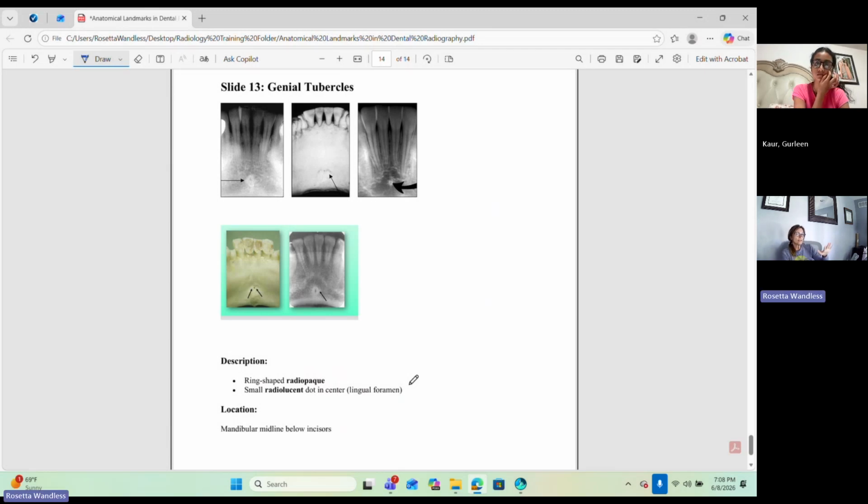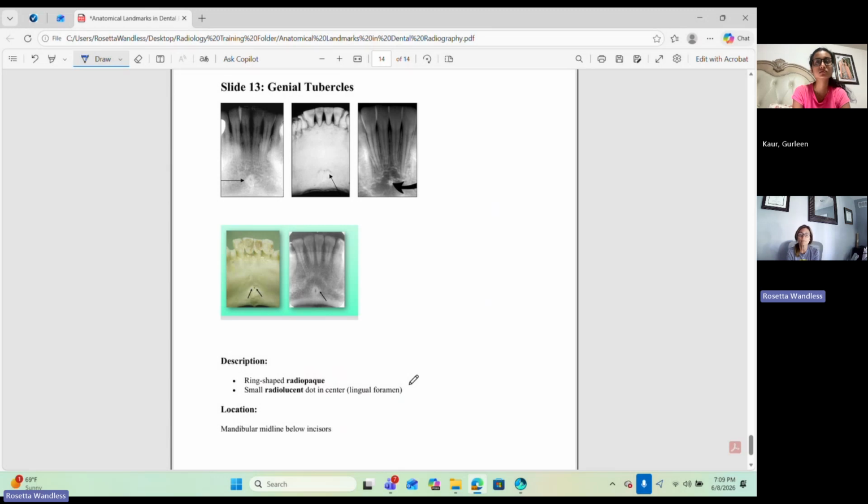Those are the majority of my anatomical landmarks. The bigger takeaway is knowing what's showing up radiolucent versus radiopaque. That's the biggest thing, and being able to identify some of them, especially sinuses, abscesses and cavities, and know where we are.